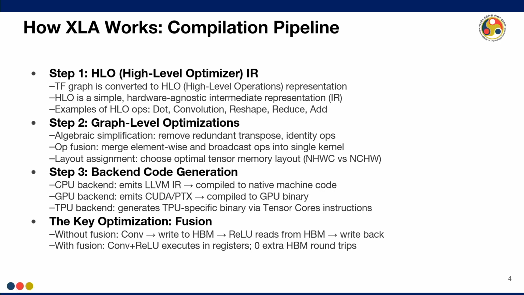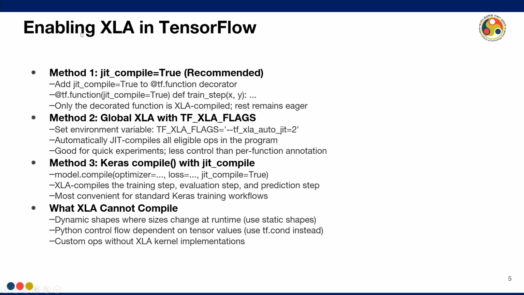So that means it will reduce the memory operations, which will reduce the energy consumption as well. Okay. So that's how the XLA works, and to enable the XLA we can use JIT compilation, which is basically the runtime compilation, which is very fast as well.